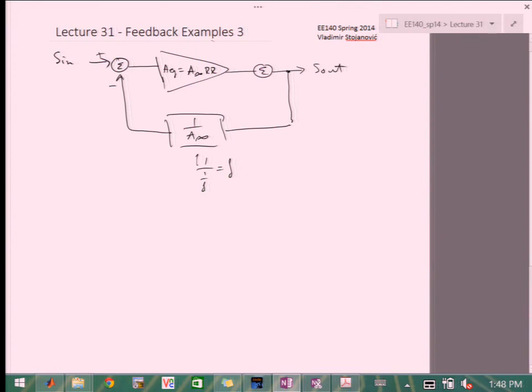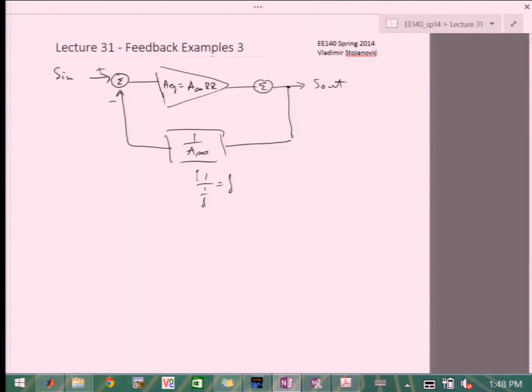Right. And then we have this extra effect that we didn't have in our normal model. Remember, I'm trying to make this equivalent to this model.